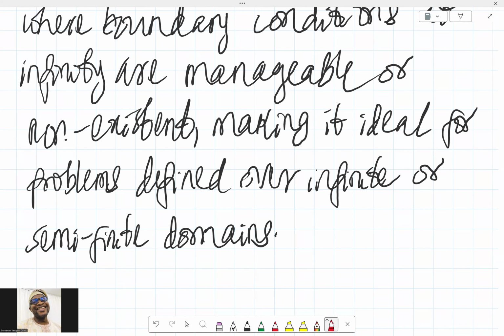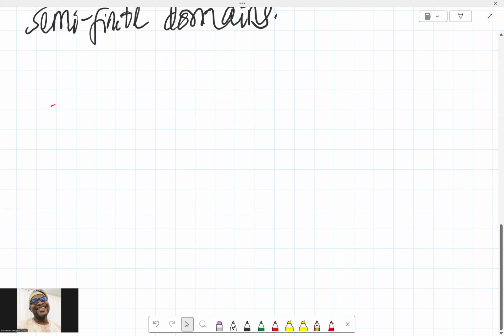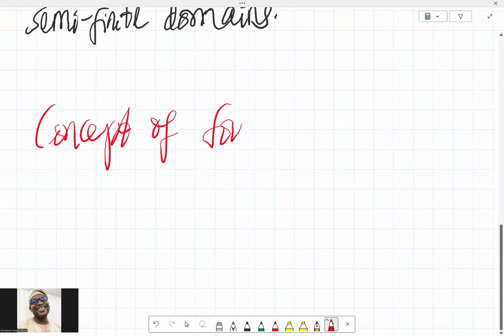Okay, so let's look at the concept of Fourier transform.